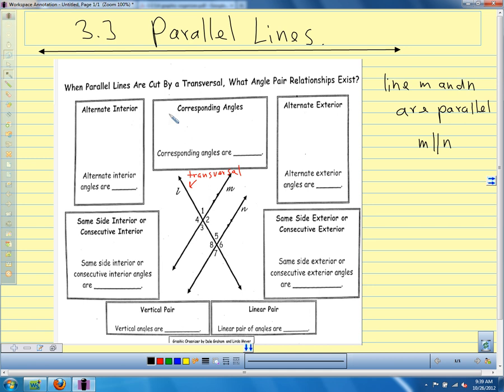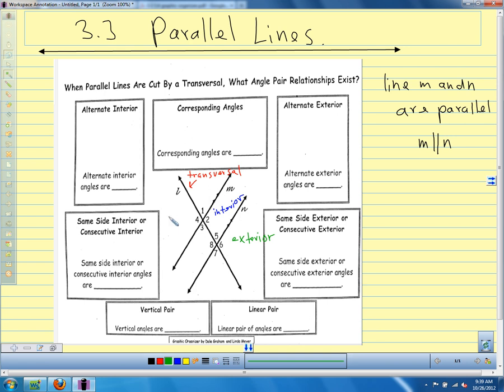On our graphic organizer, we have these words interior and exterior. So let's figure out what interior and exterior mean. Interior just means between the parallel lines. So this is the interior. Outside the parallel lines is the exterior.